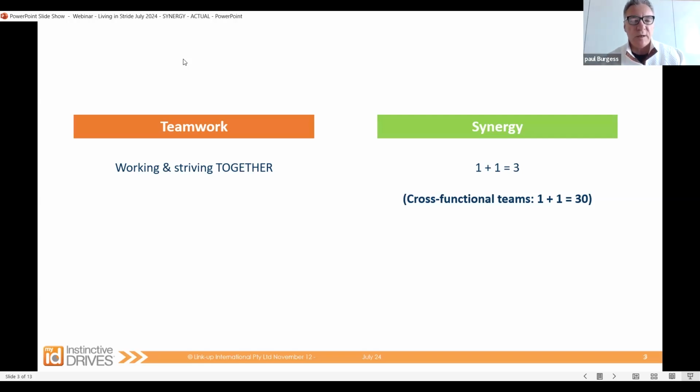I say that to you in the same way that people say to us, boy, learning about my ID was powerful, but learning about other people's IDs, that was like 10 times the value. We get that same anecdotal metric when people talk about how they use the ID in cross-functional initiative teams: it's 10 times as impactful.